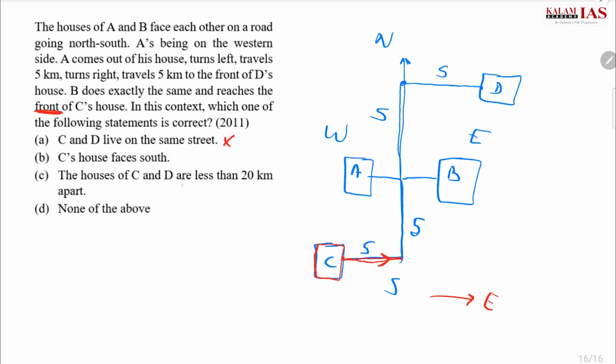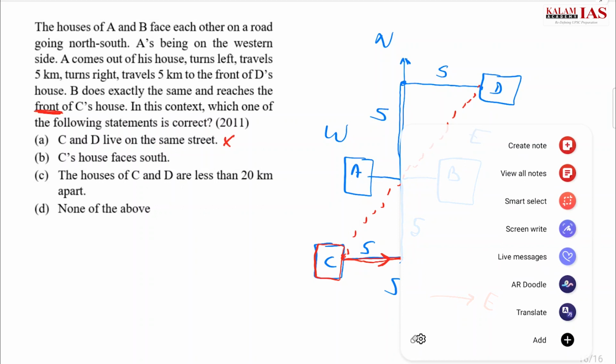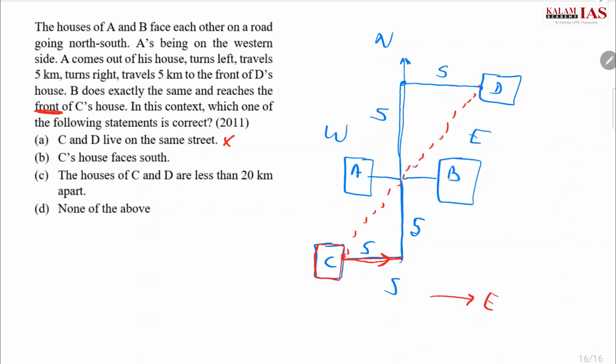The houses of C and D are less than 20 kilometers apart. Now we have to find the distance between the houses of C and D. We have to find this distance. There are two triangles, something like this, 5, 5, 5, 5. This distance from here to here is a hypotenuse, which will be under root 5 square plus 5 square, and similar is the other distance.